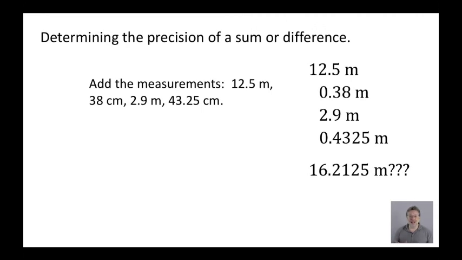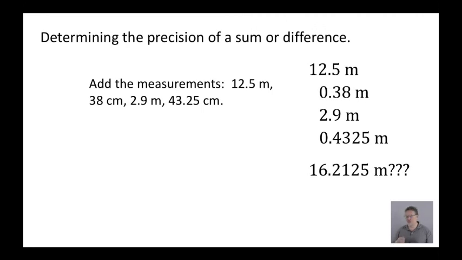As it turns out, it obviously does not. And unfortunately, just like with the California votes, we have to go with the precision of the least precise measurement. As we look up here, 12.5 has a precision of 0.1 meters.